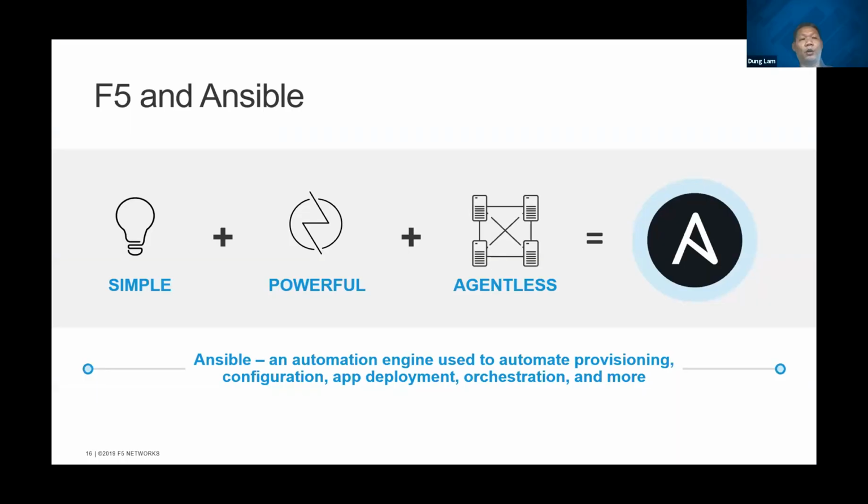All right, so why F5 and Ansible together? Number one, Ansible itself is a simple tool to use. The integration is also very simple because we have a powerful, comprehensive set of APIs.